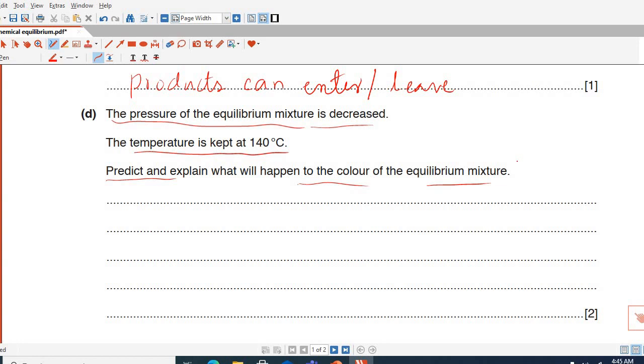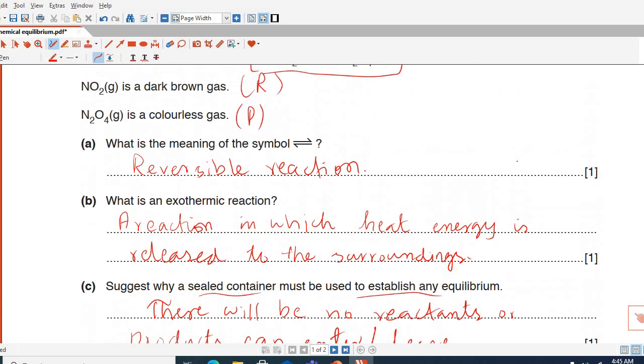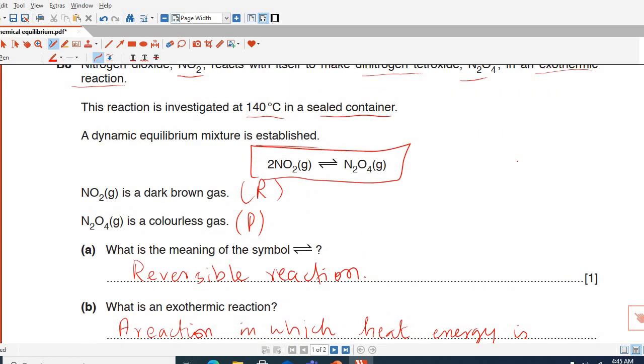Okay, so as I gave you the concept, if we increase the pressure, equilibrium will move towards that side where there are fewer moles. But here the question is related to a decrease in the pressure. Now look here, there are 2 moles here and only 1 mole here.